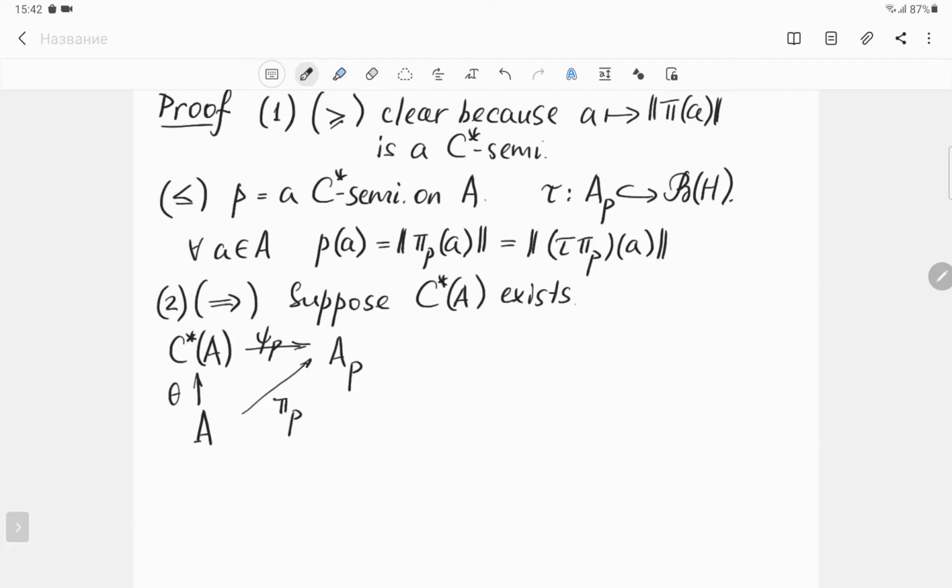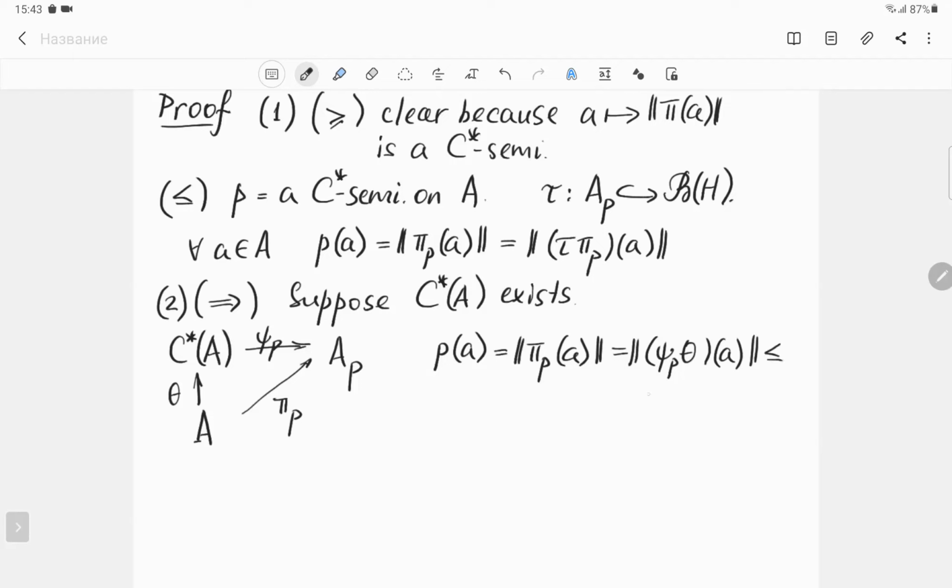And now, for each element A in our algebra, P of A is the norm of pi_P of A. By the commutativity of the diagram, this is nothing but the norm of psi_P of theta of A. But psi_P is a star homomorphism between C star algebras, so its norm is less than or equal to 1.